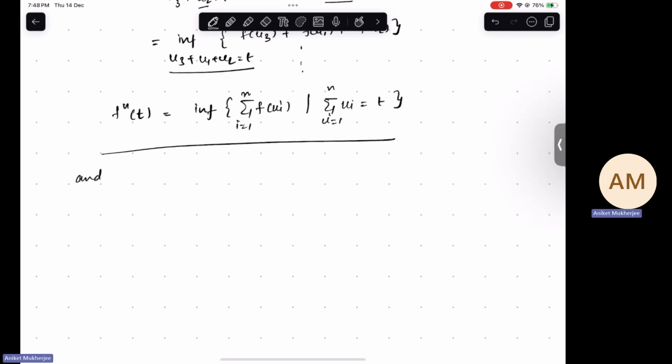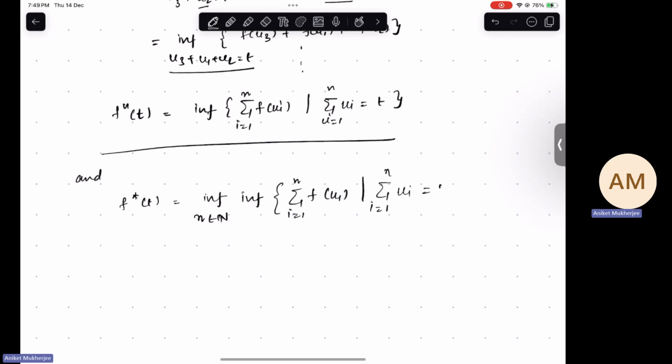And similarly, F star of T. Right. This is infimum over all n's. And your infimum summation i equal to 1 to n F of Ui such that summation i equal to 1 to n Ui equal to T.